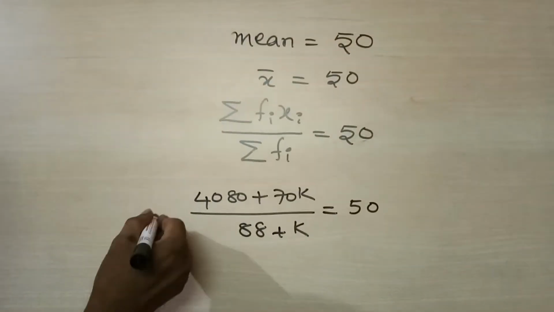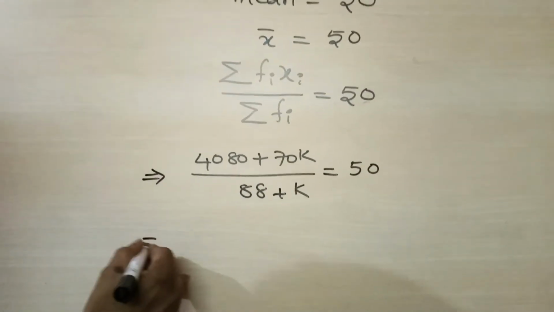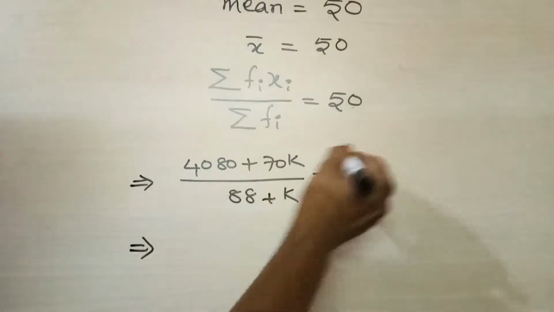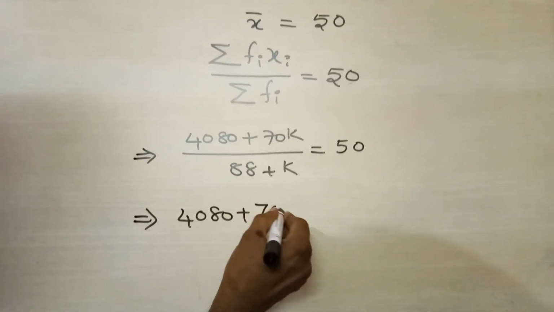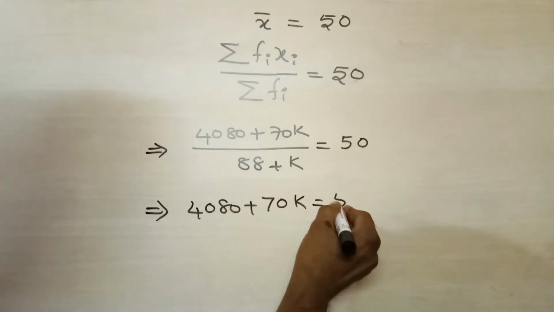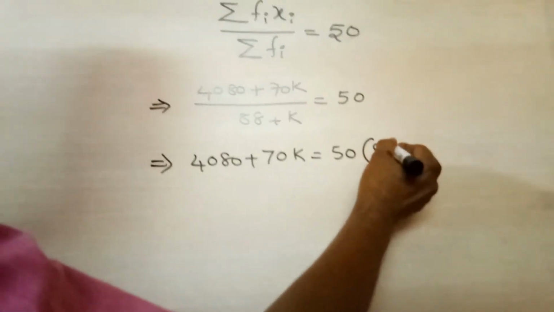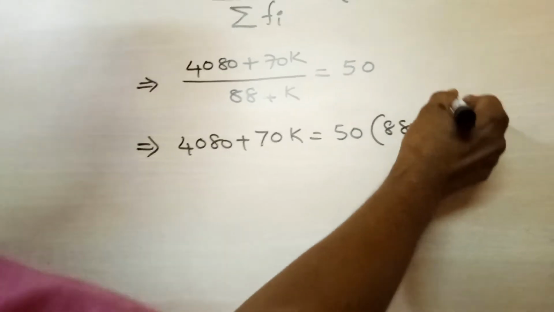Now we may write, sending this to the right side: 4080 plus 70k is equal to 50 into 88 plus k.